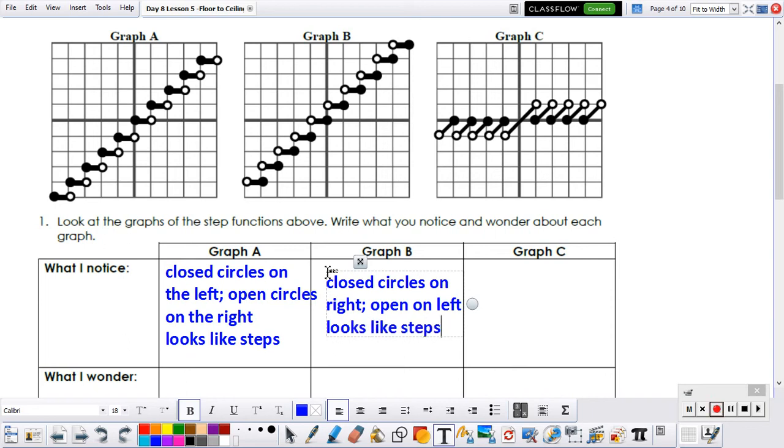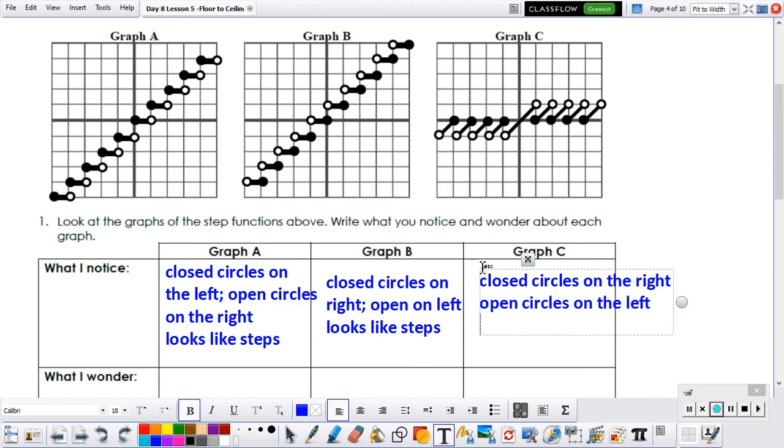And then graph C has closed circles on the right and open circles on the left, and it looks kind of like stripes.